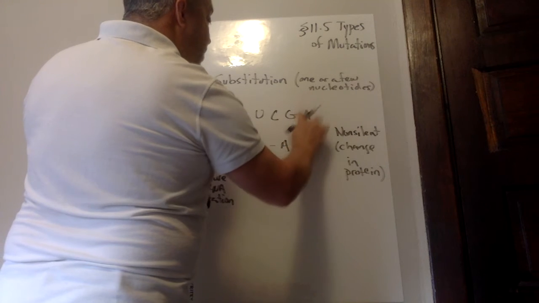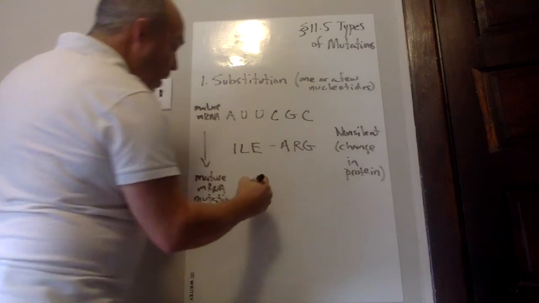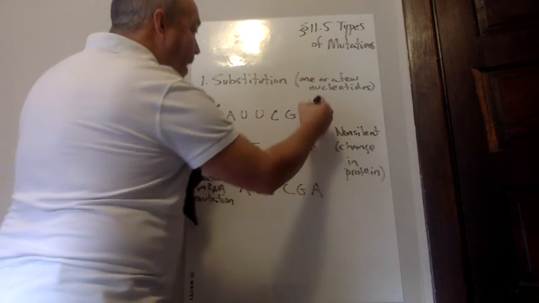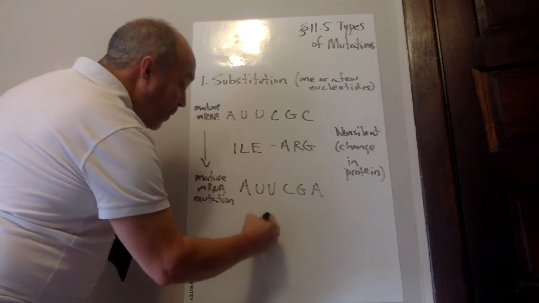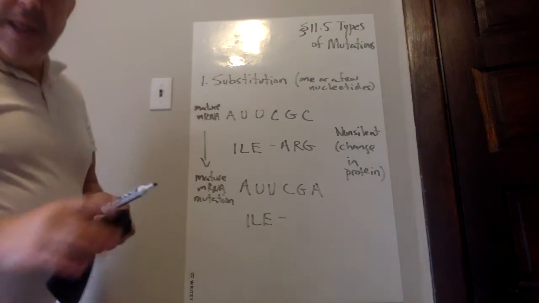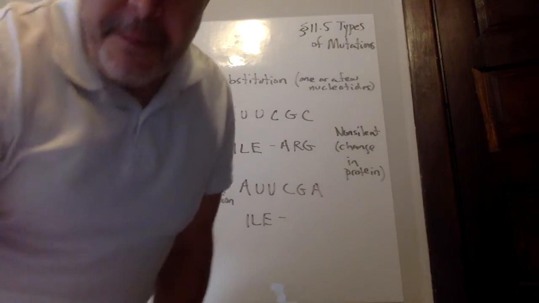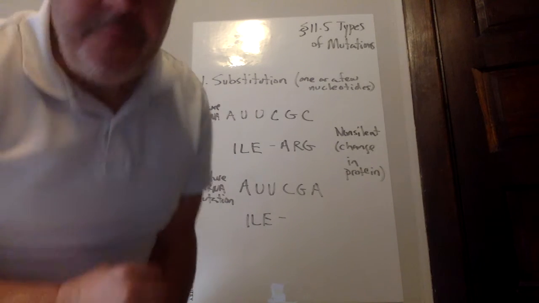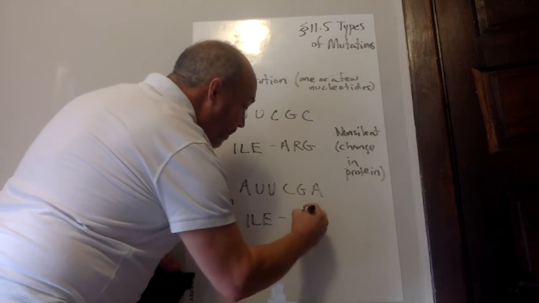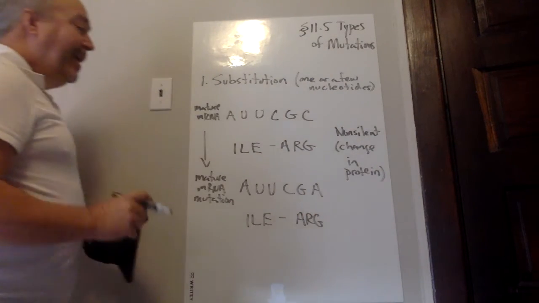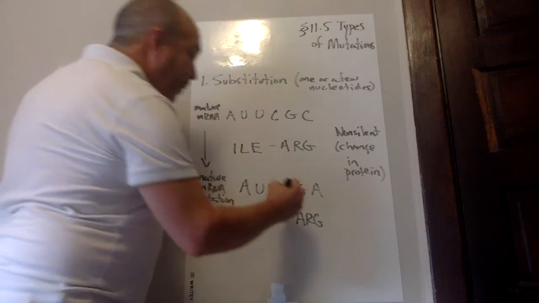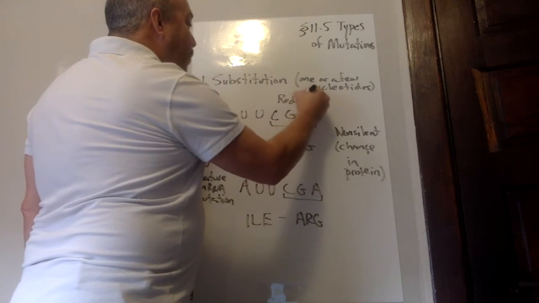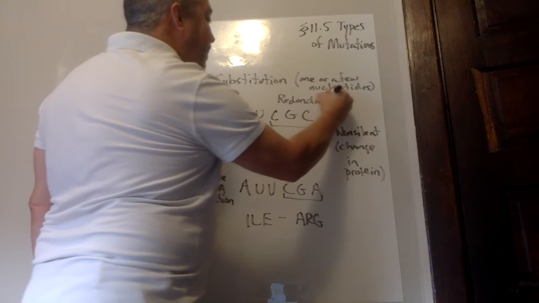Remember I mentioned that a lot of times these mutations actually don't mean diddly squat. This is particularly important if you think about this last one. So let's say this C were to change to an A. So now we would have AUUCGA. The AUU would still be isoleucine, but now CGA, we're going to get arginine again, because of redundancy in the code. CGA and CGC both code for arginine.